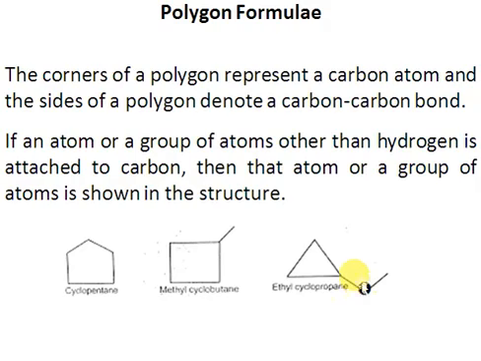Otherwise, the heteroatom will not be represented. So the name of this molecule will be methoxycyclopentane, right? There's some error in the name. So this is methoxy. So the name is actually methoxycyclopentane.